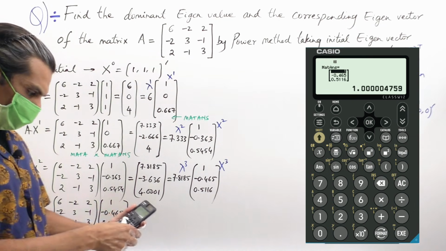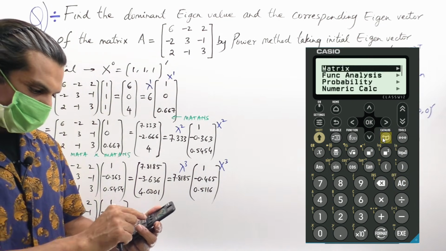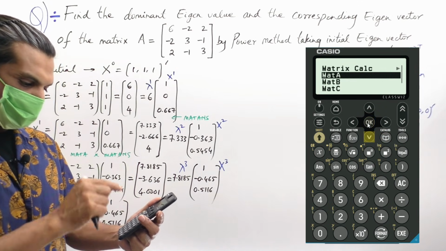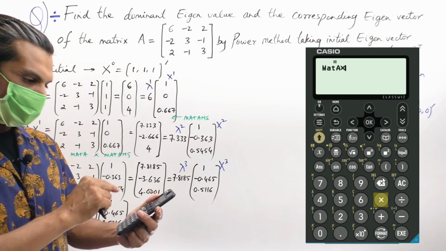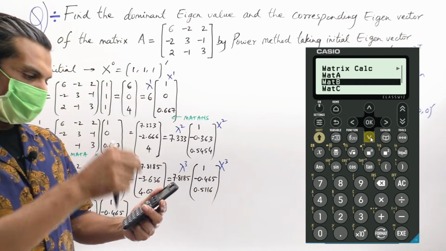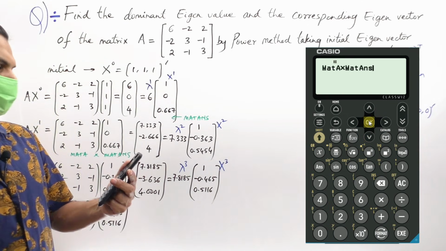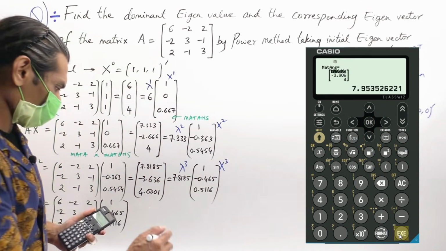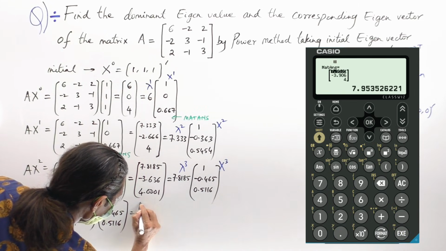So again, you see catalog matrix, matrix A into catalog matrix, scroll down, matrix ans is equal to 7.9535.